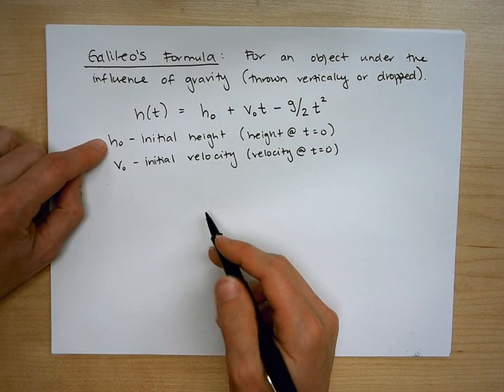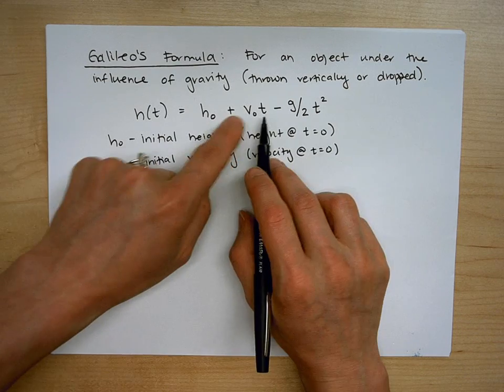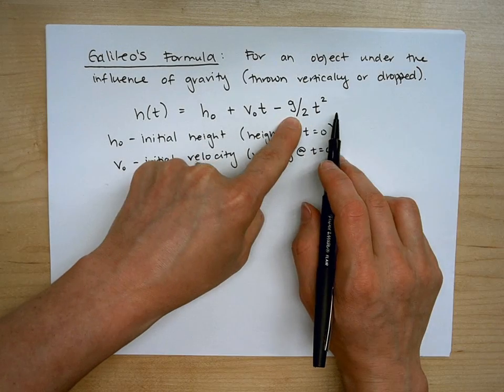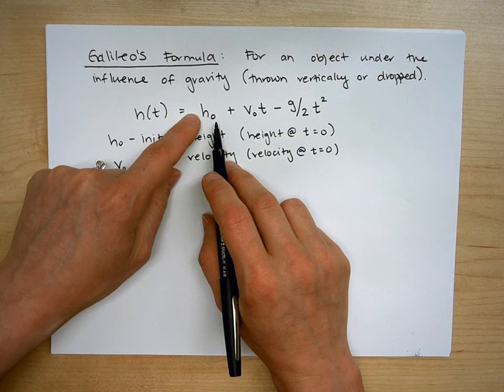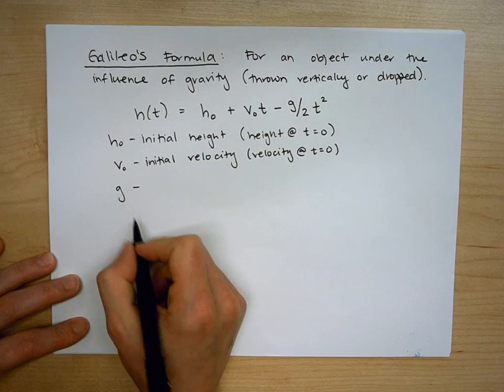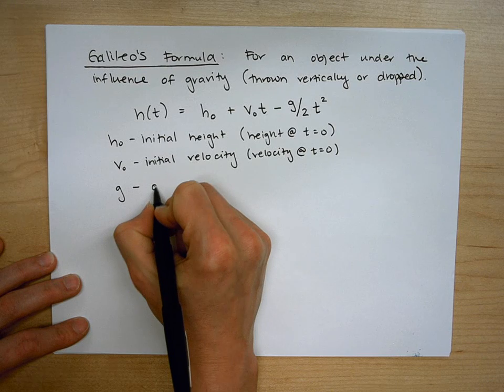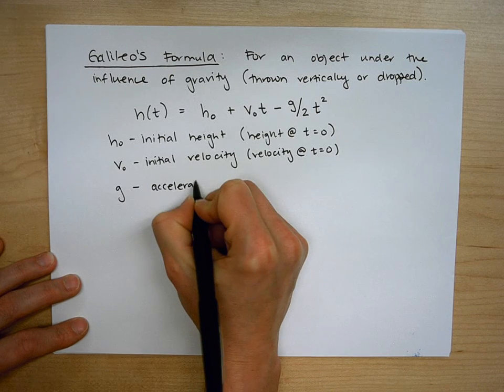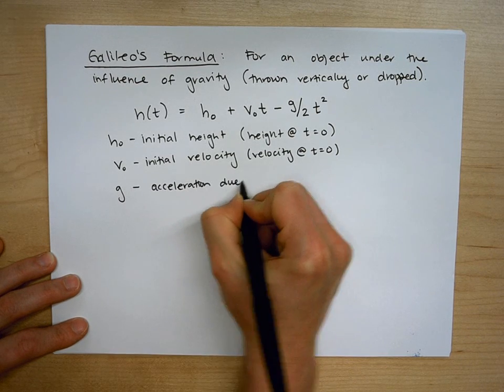Notice with the initial height, if I plug in 0, these terms go to 0, and we're just left with the initial height. So that kind of makes sense for that one. And g is gravity, the acceleration due to gravity.